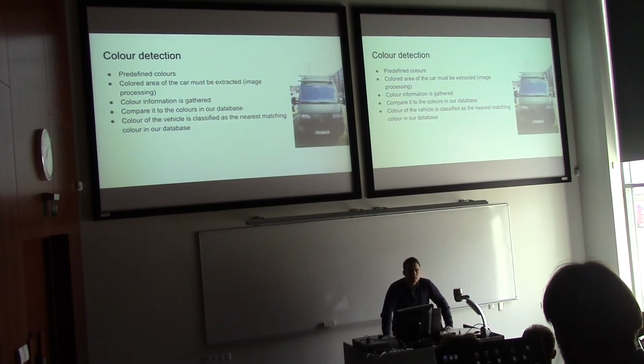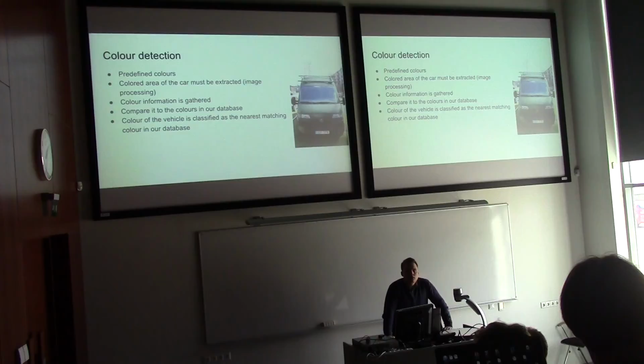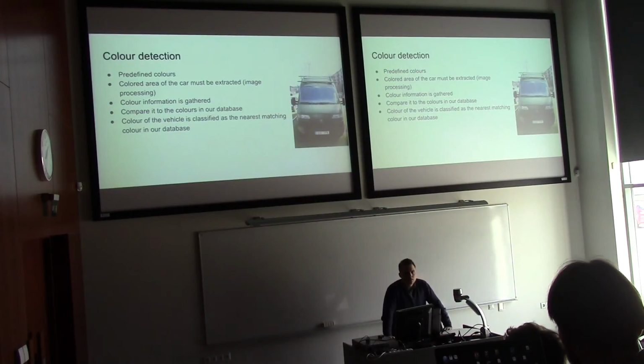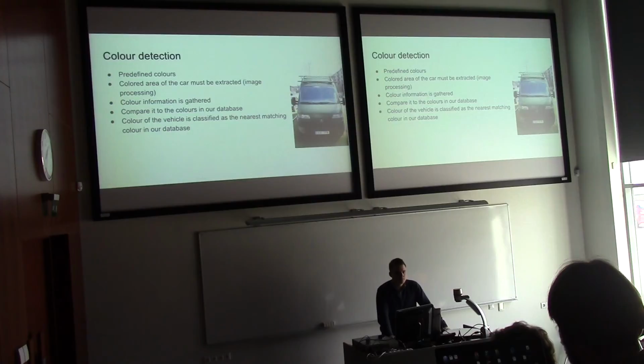My suggestion is that for detecting the color, it will be better if you work in the HSI or YCbCr color space. Then we can maybe get a better result.